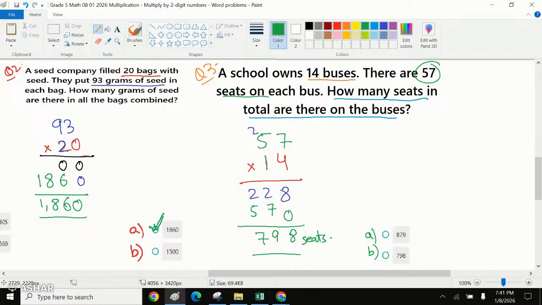Can I have the option? Can you please verify the answer for me? Is my answer correct? I am saying option B should be my answer. What do you say? Should it be option A or option B? 879. Okay, 57 into 14. Let's verify. It should not be 879, right?